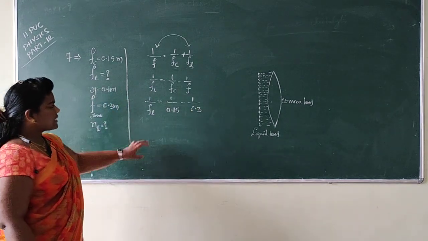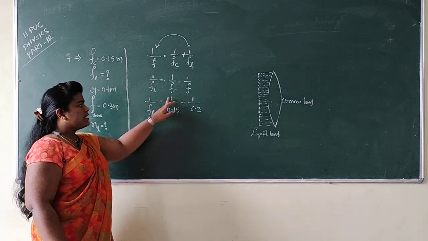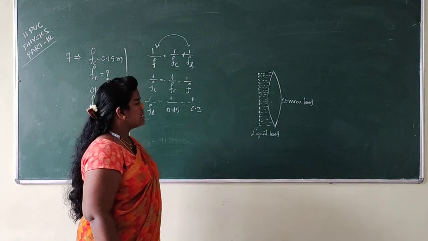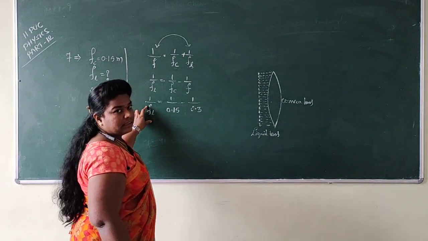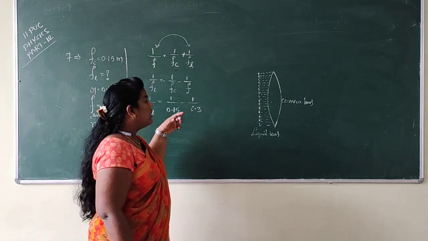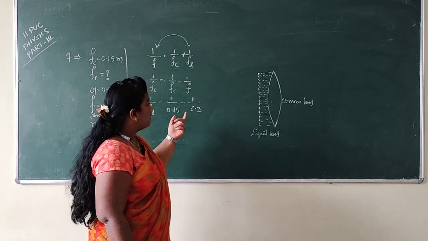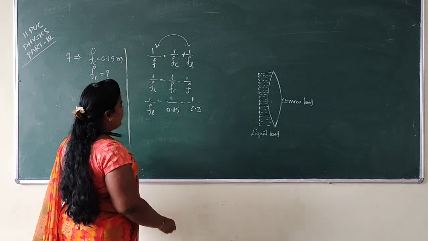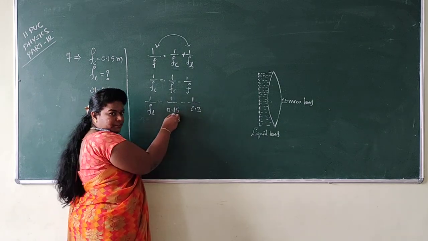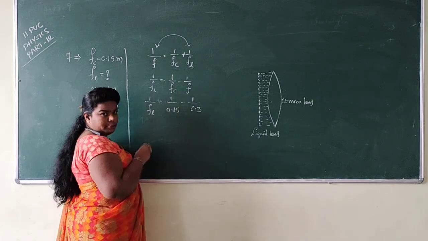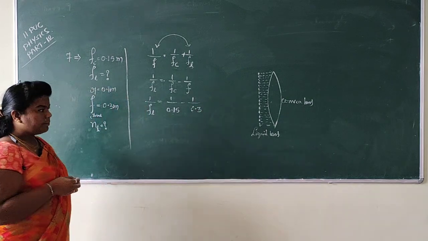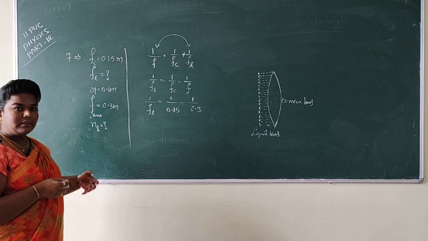Dear students, first calculate the value of 1 divided by 0.15. It is difficult to calculate the LCM for 0.15 and 0.3, so you can convert 0.15 to 15 by 100, and then 100 by 15 comes to the numerator, and here 10 by 3. Then you can move to the LCM.